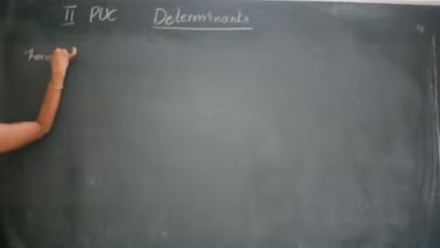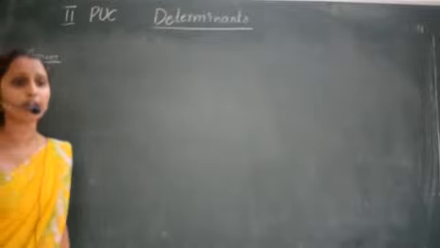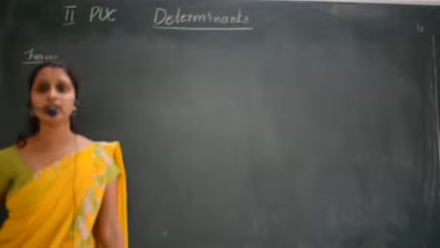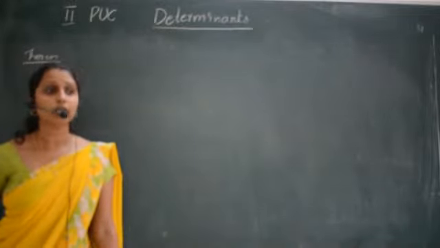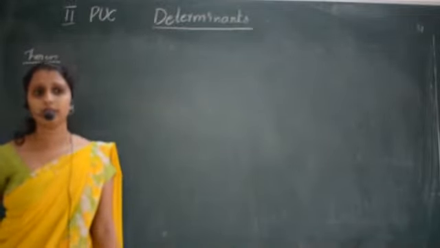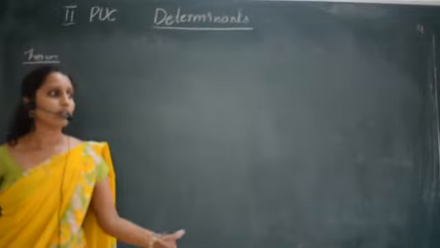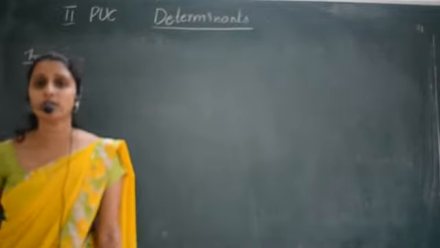Next theorem, a very important theorem. We know what invertible means: a matrix is invertible if its inverse exists. We have already calculated the inverse of a matrix.